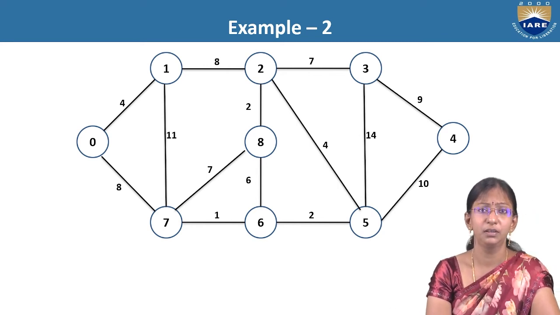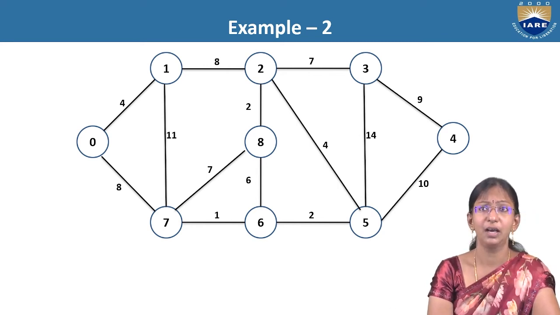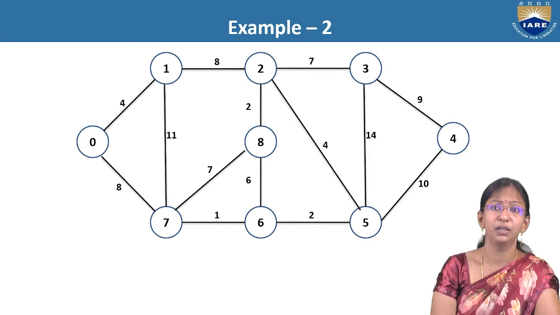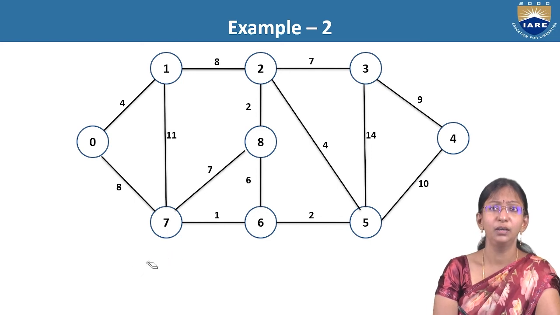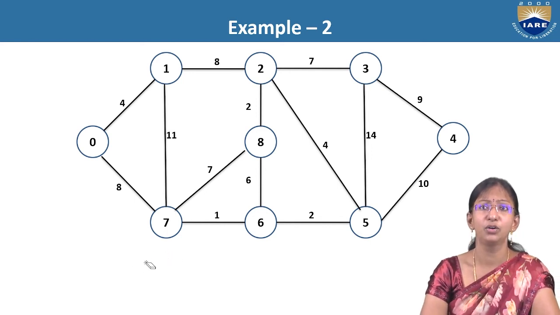This is a bit bigger one, which is having 9 nodes. Make a note of this diagram, please. Make a note of this graph, more specifically. Please make a note of this one with the edge weights. Right?